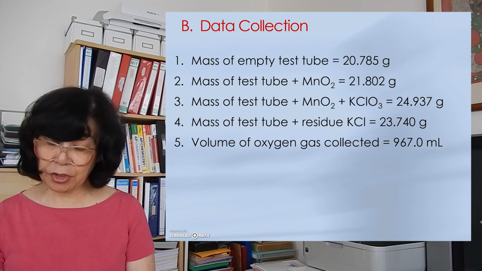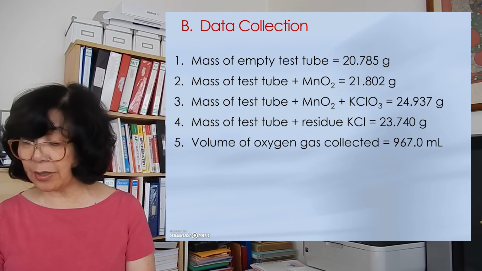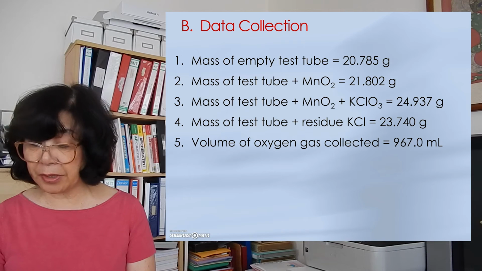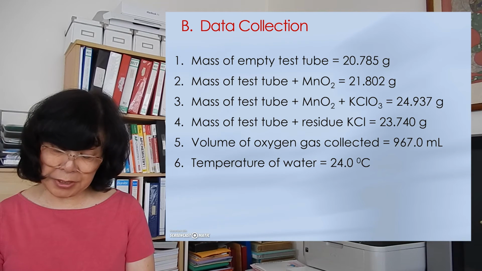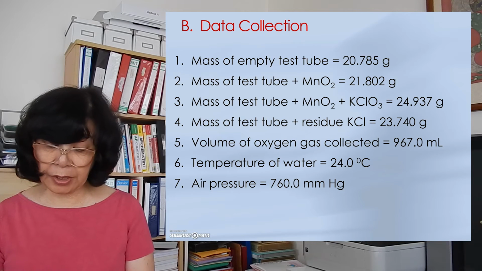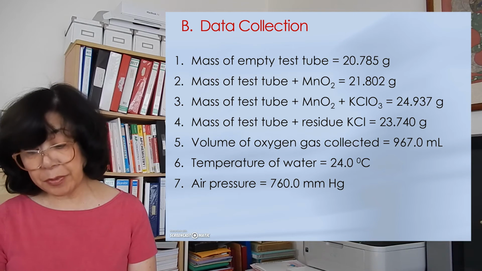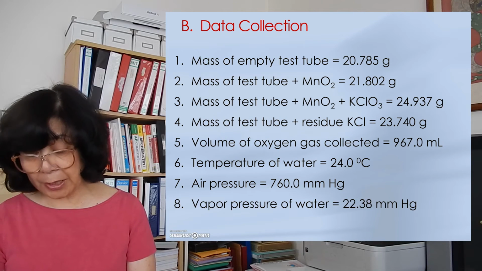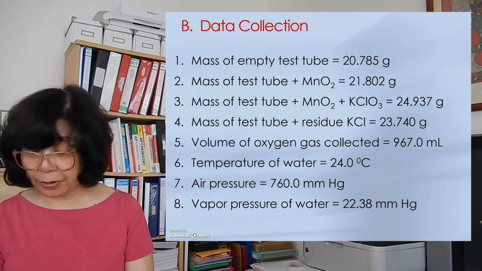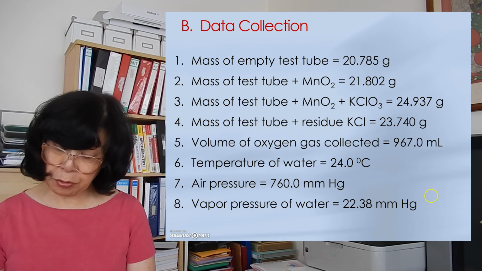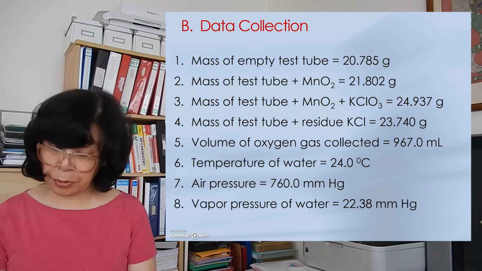Now let's say we measure the volume of oxygen gas collected to be 967 milliliters at a temperature of 24.0 degrees C, and we measure the air pressure to be 1 atmosphere, and we look up from the table to find the vapor pressure of water at 24 degrees C, which is 22.38 millimeters of mercury.